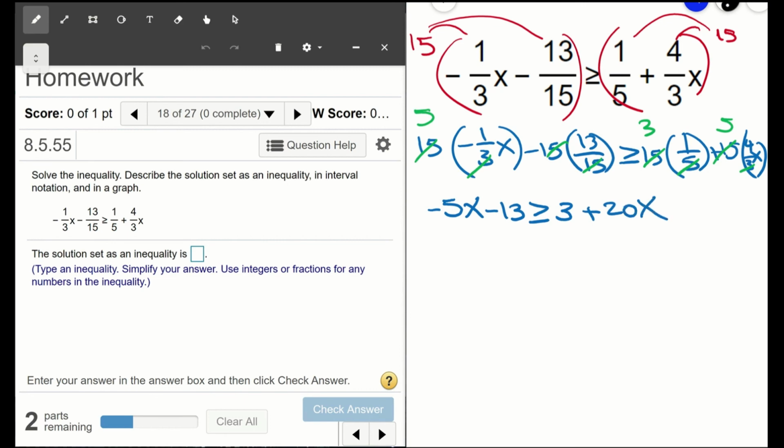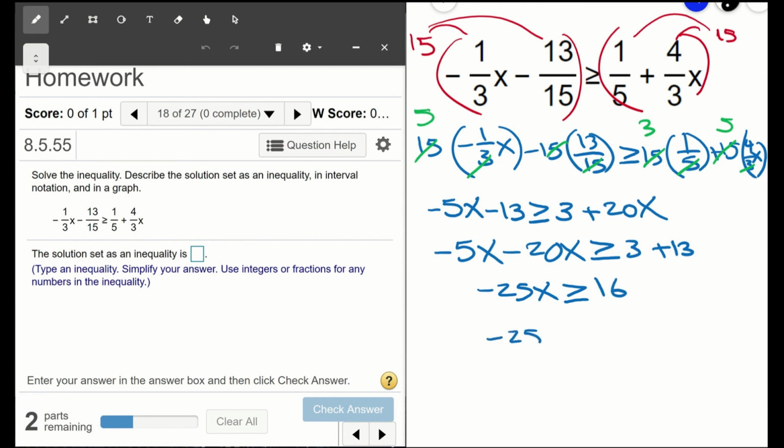20x. So now remember, at the separation phase, we always take all variables to the left side. So negative 5x minus 20x greater than or equal to 3. We move the negative 13 to the right side, so it becomes positive 13. On the left side, we have negative 25x greater than or equal to, on the right side, we have 16. Now we're going to divide both sides by negative 25.